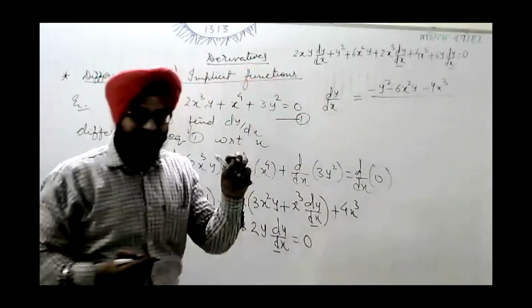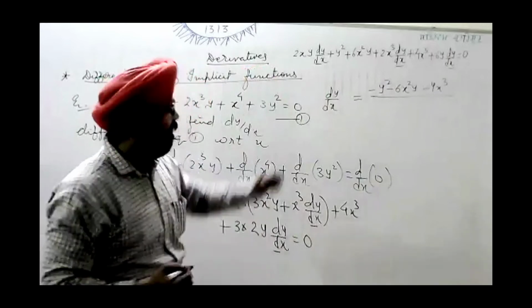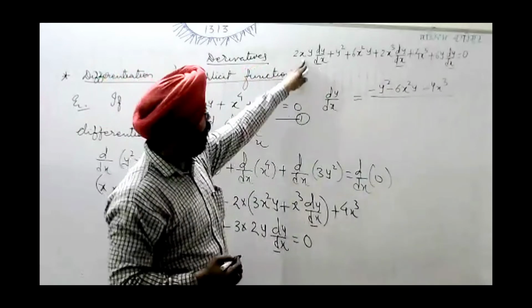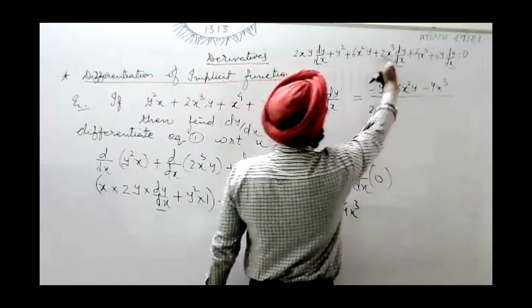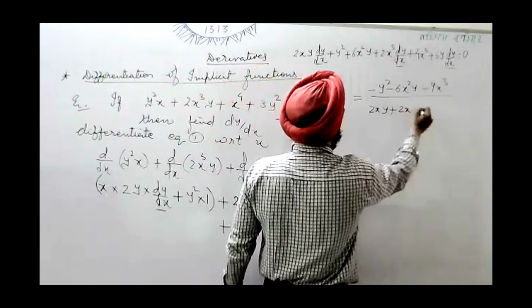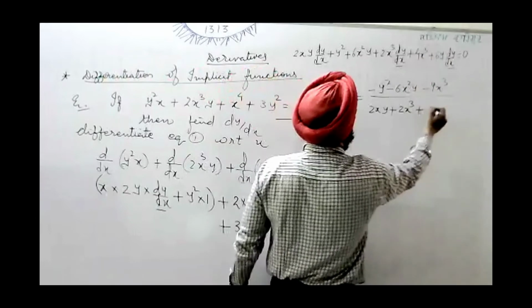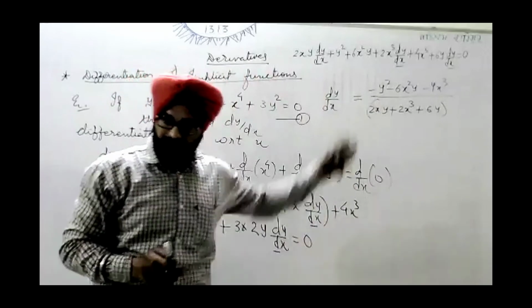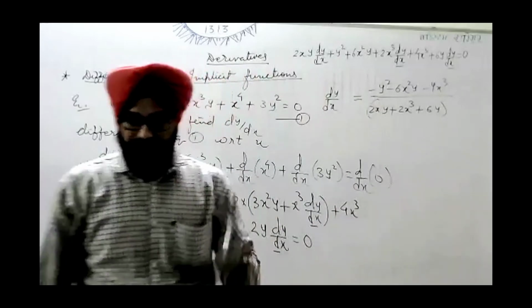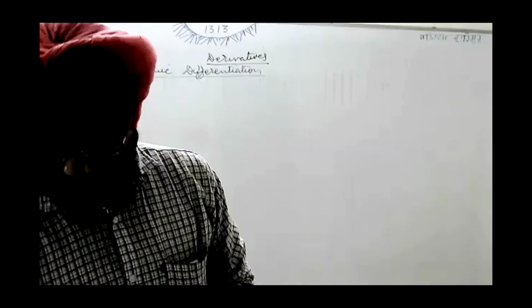Now the question is, what is the coefficient? Dy by dx, the first coefficient is 2xy, write here. Next coefficient is 2x cube, right here. Next is 6y, right here. Over. This way we have got it directly. Your comments.